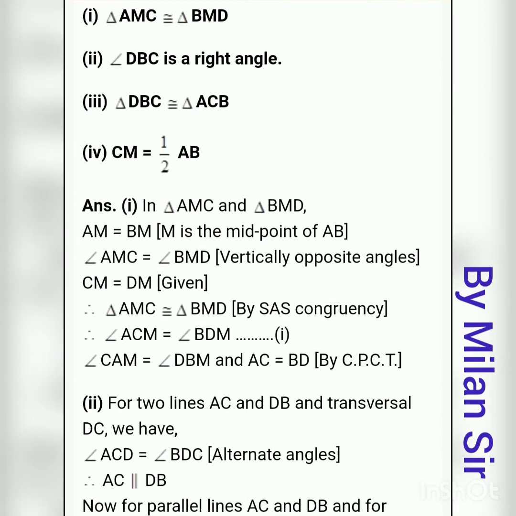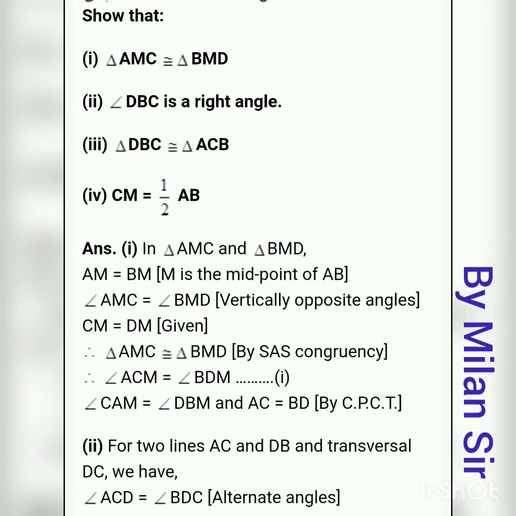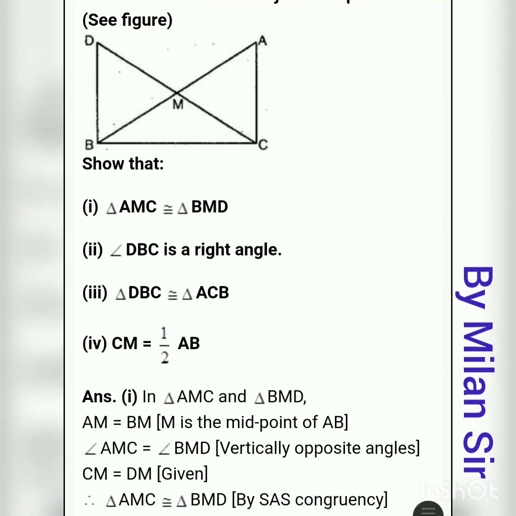For lines AC and DB and transversal DC, we have angle ACD equal to angle BDC. These two angles are the same. It forms a Z, which means that these two lines are parallel. We already proved that these two angles are the same, so we can say AC is parallel to DB. What is the reason? Alternate angles. Because we proved alternate angles are the same, definitely these two lines are parallel.